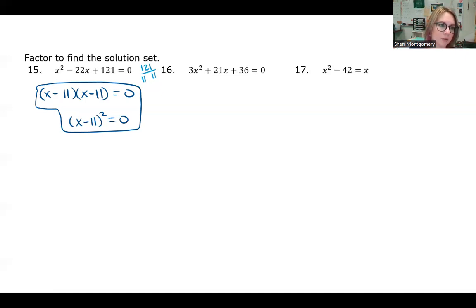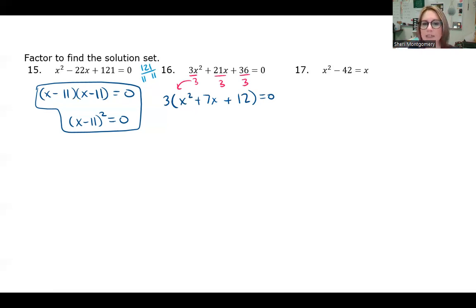Yeah, then let's divide it out so that we can fast factor. So now, 36 divided by 3 is 12.